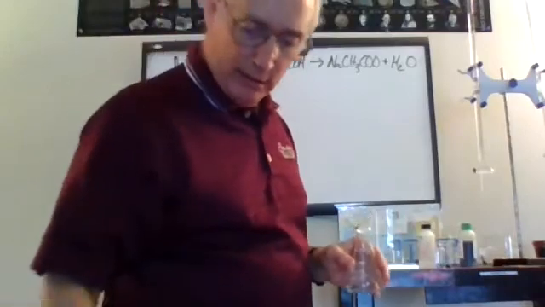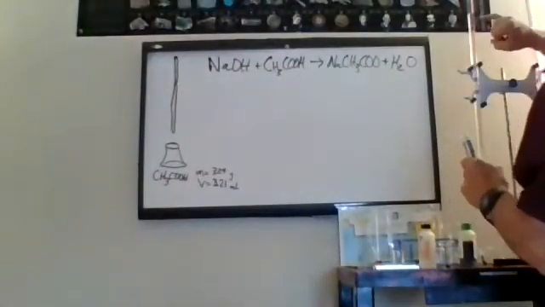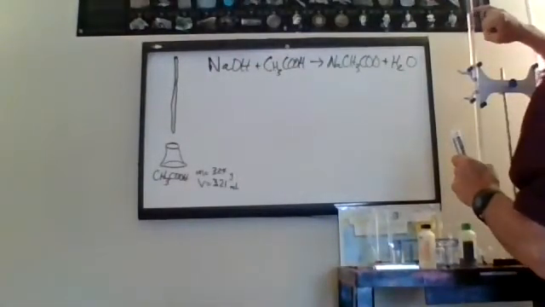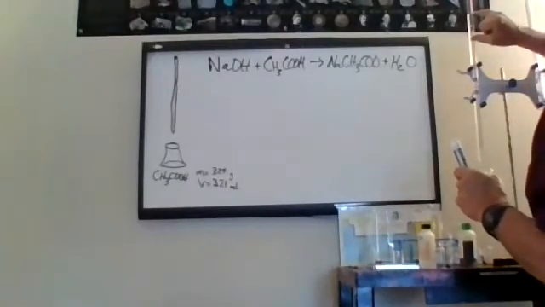But first, we got to get our initial burette reading. Our initial burette reading is 17 point, no. It reads bigger as you go down. So it's 16.4.